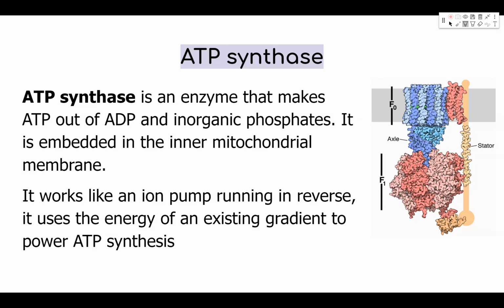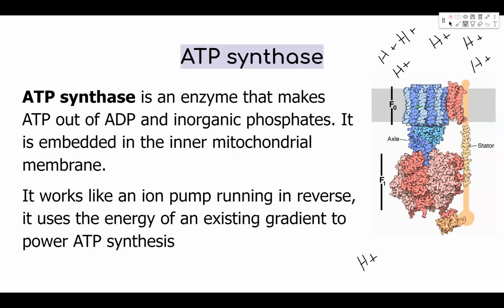Essentially, it works like an ion pump in reverse. So, in our little diagram, we're going to have lots of H plus up here, and a little H plus down here.